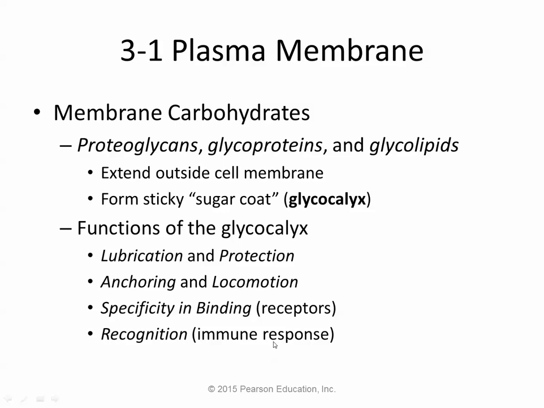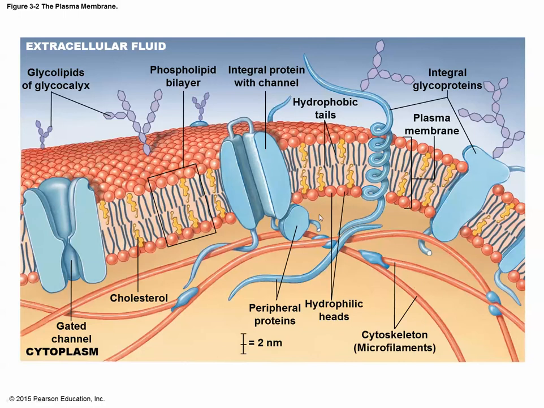Everything's okay here, we're all good, this is a normal cell, or something's wrong here, we need help. And here is an example of a glycolipid. Here is a glycoprotein, and what makes it so is it has this little carbohydrate part sticking up, and all of these together make the glycocalyx.